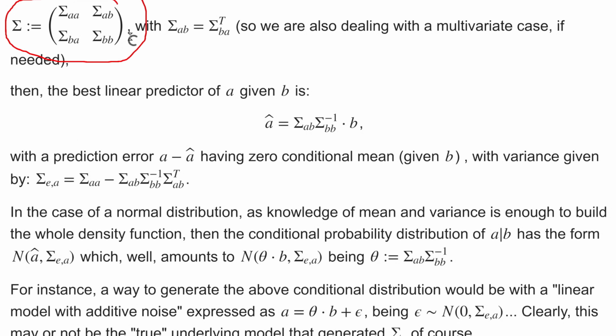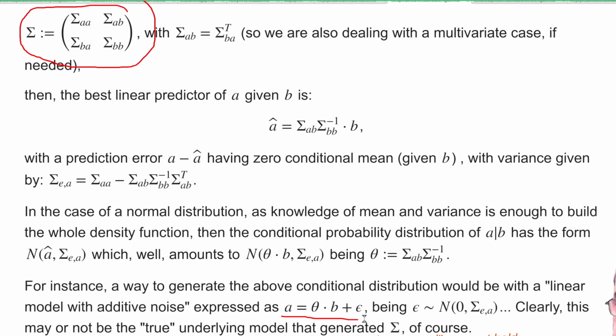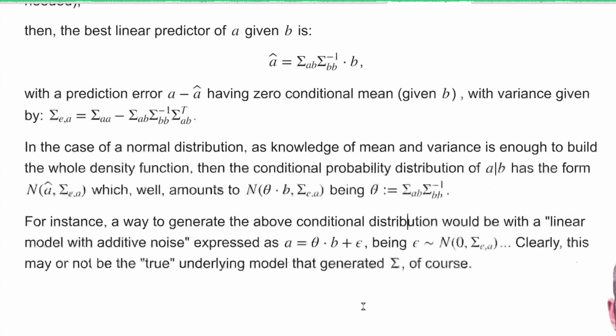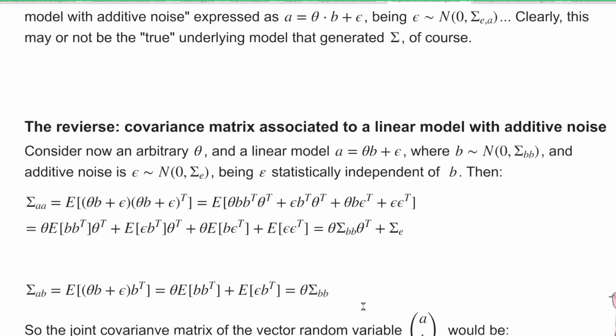But okay, given the covariance matrix, then this model, jointly with the variance of the input to the model sigma BB, would explain that joint covariance matrix of A and B. But remember, the fact that the model explains the observed variance does not mean that this model is the true underlying physical model. Okay, now we'll see the reverse step.